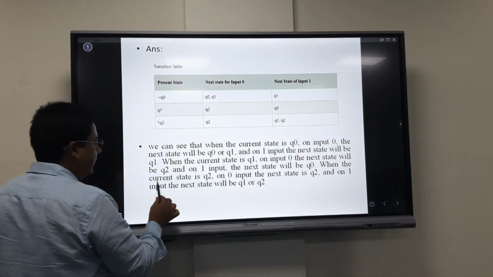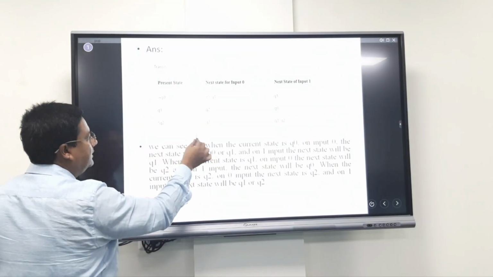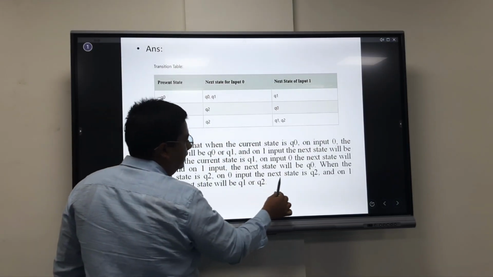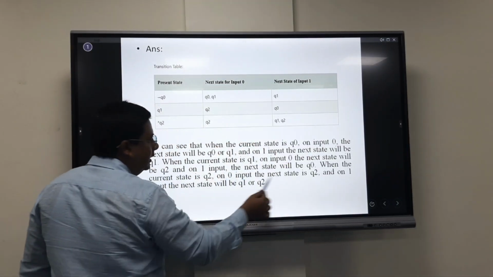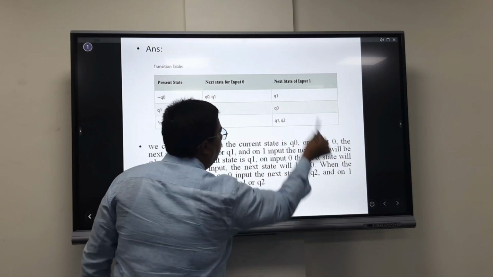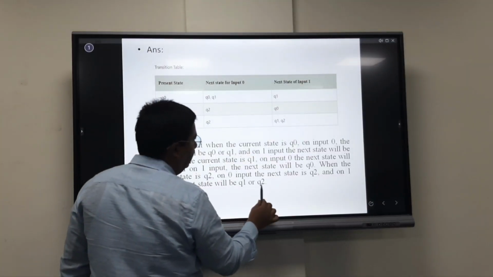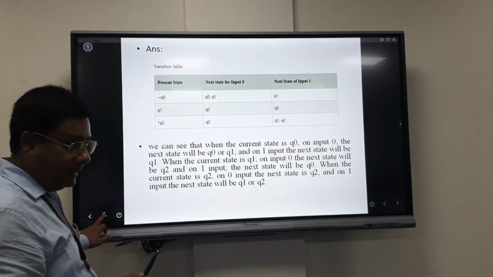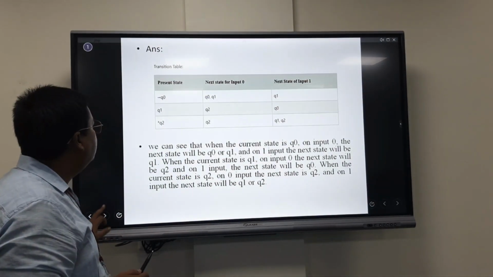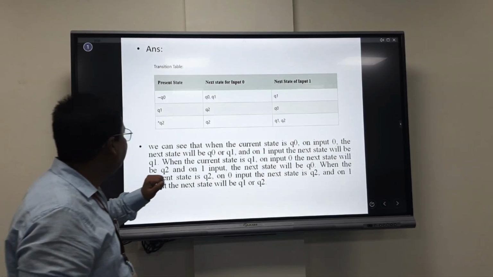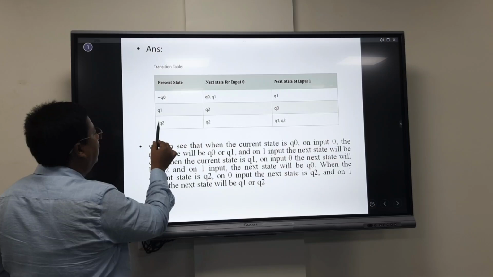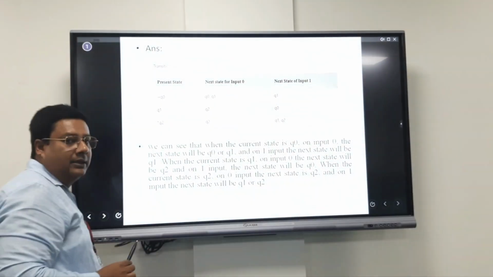When the current state is Q2, on input 0 it goes to Q2, and on input 1 the next state will be Q1 or Q2. This is the example. One more thing: the initial state is represented by the arrow sign, and the final state is represented by the stars.